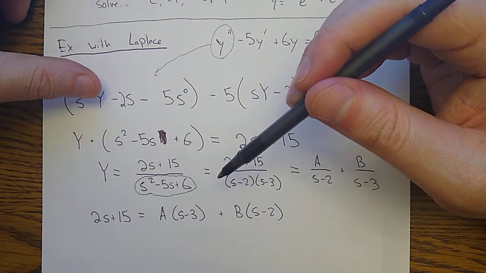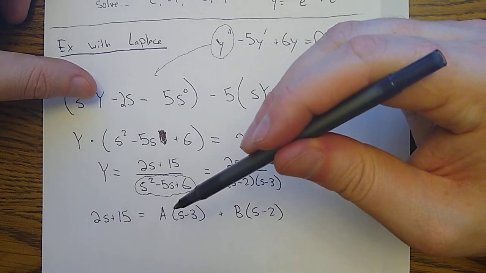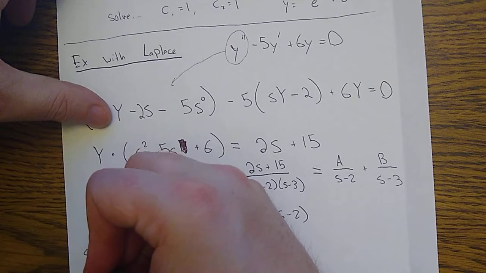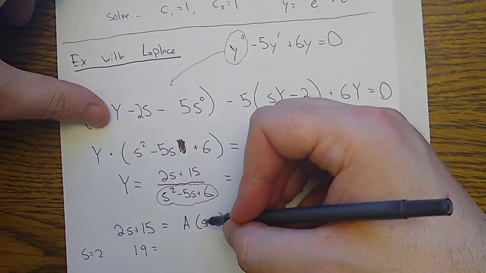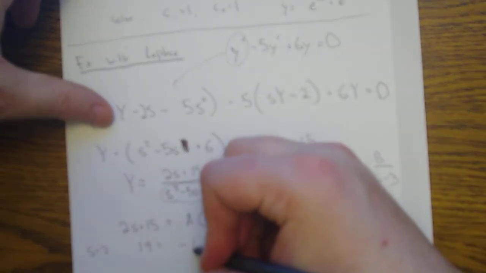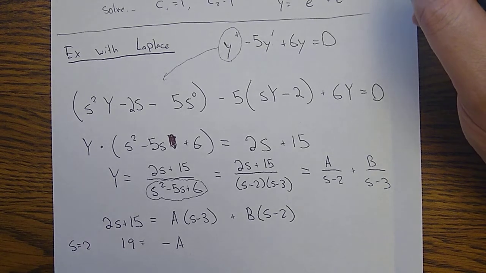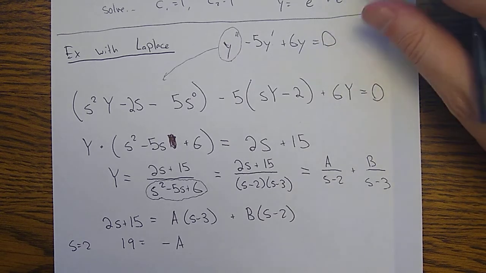And then if I put in 2 for s, I'm going to get 19 equals negative a. Yeah, so something feels very wrong here. What has happened?